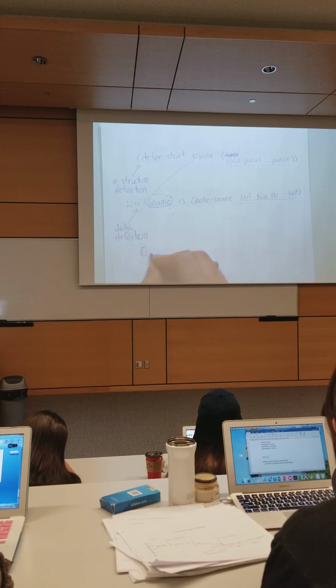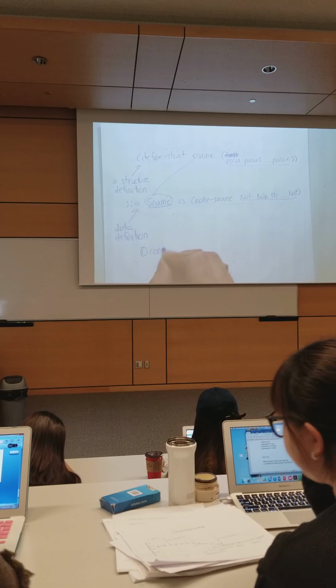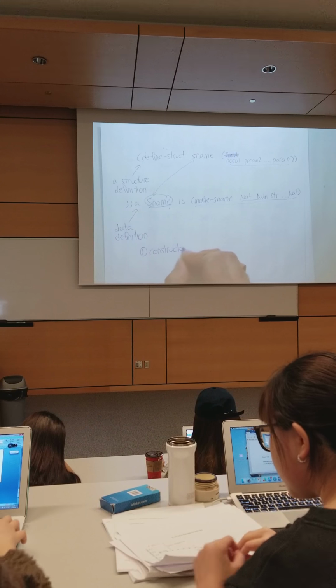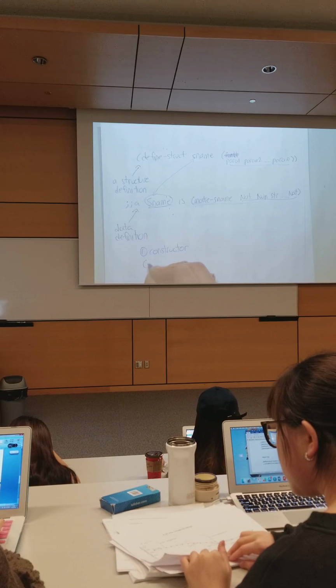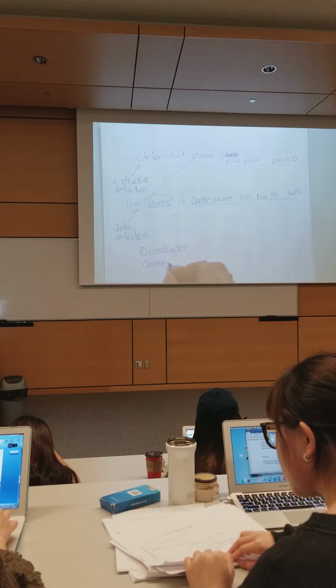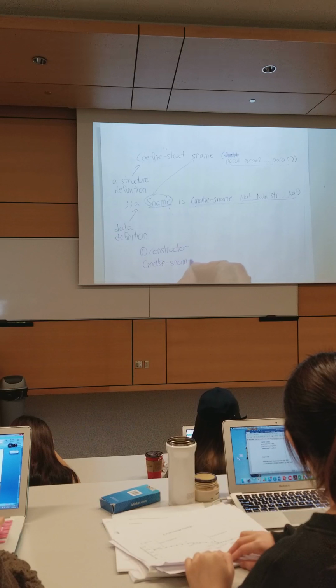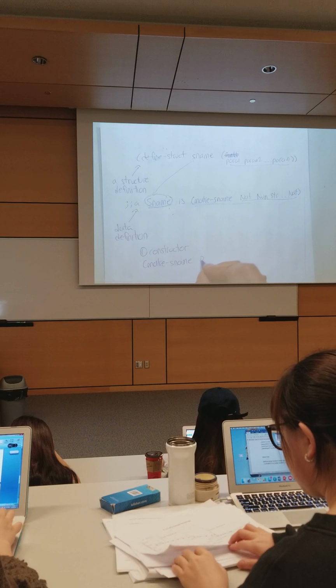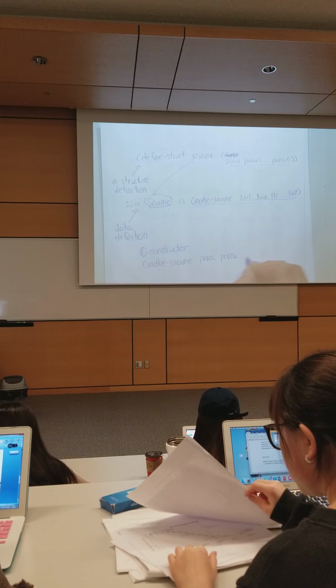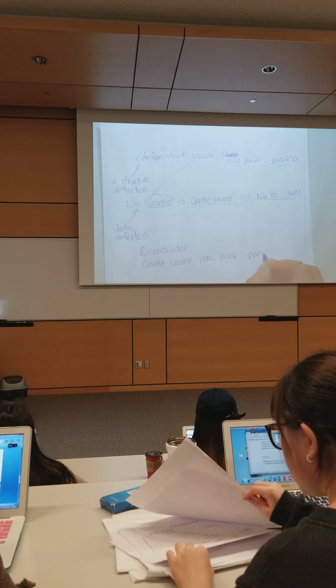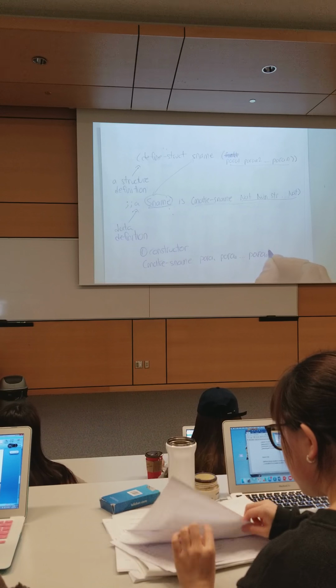So function 1 is called the constructor. And this is this function, the make sName. So this is make sName, and this is where you pass in parameter 1, parameter 2, parameter n.